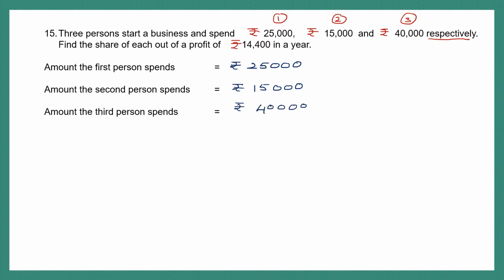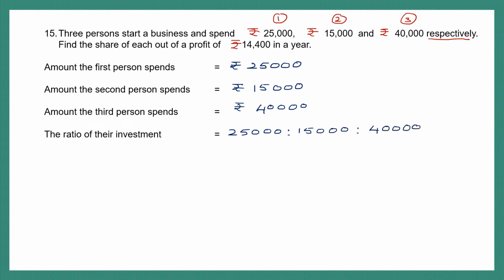Okay, so this we know. Now let's first find the ratio of the investment. Investment is how much they have put into the business, each one. So to find the ratio of all three, now let's take the numbers alone. 25,000 is to 15,000 is to 40,000.